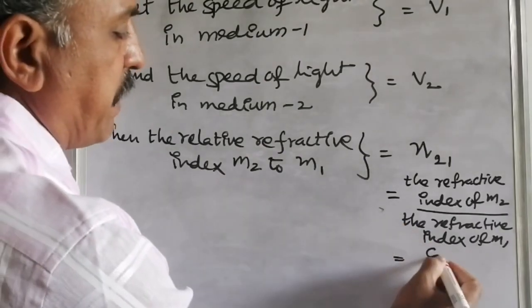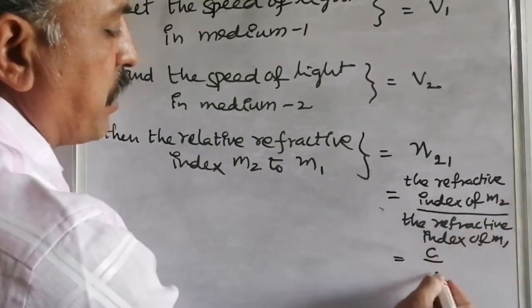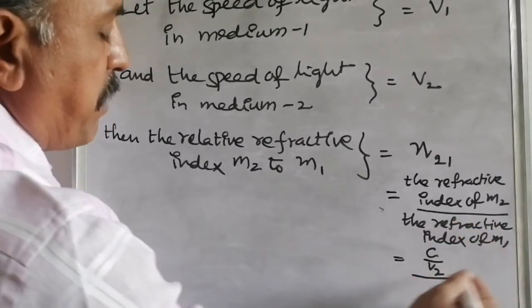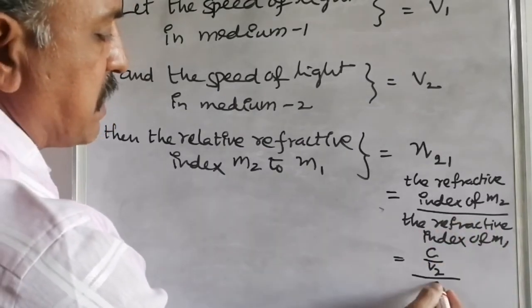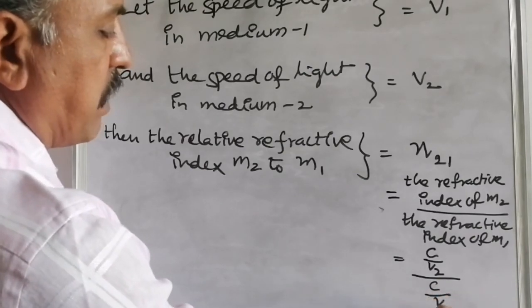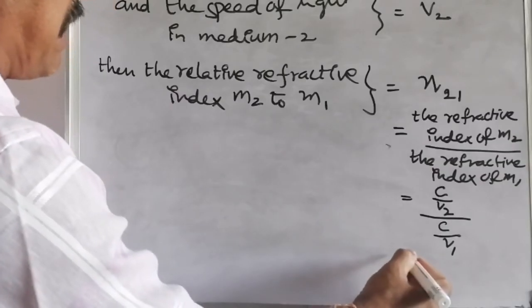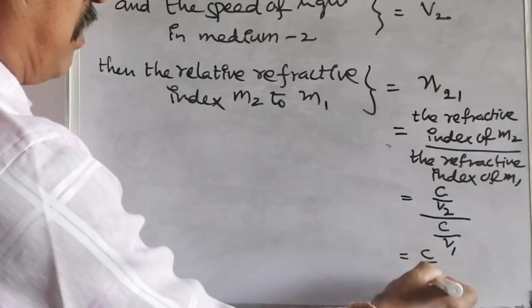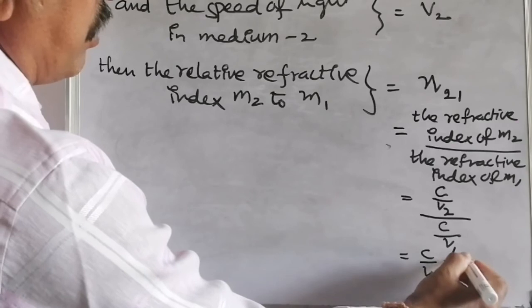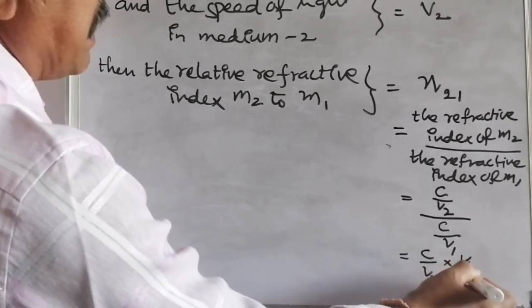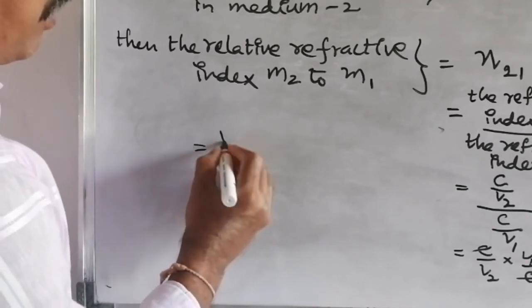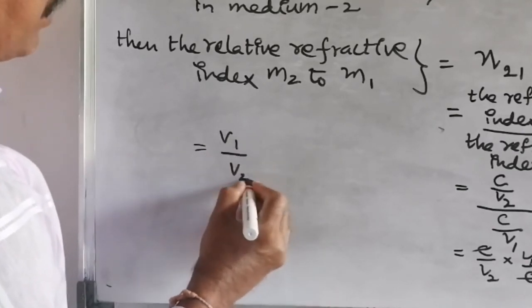What is the formula for refractive index? That is c by v. So for medium 2 it is c by v2, and for medium 1 the refractive index is c by v1. So it can be written as c by v2 into v1 by c. c cancels, and we get v1 by v2.